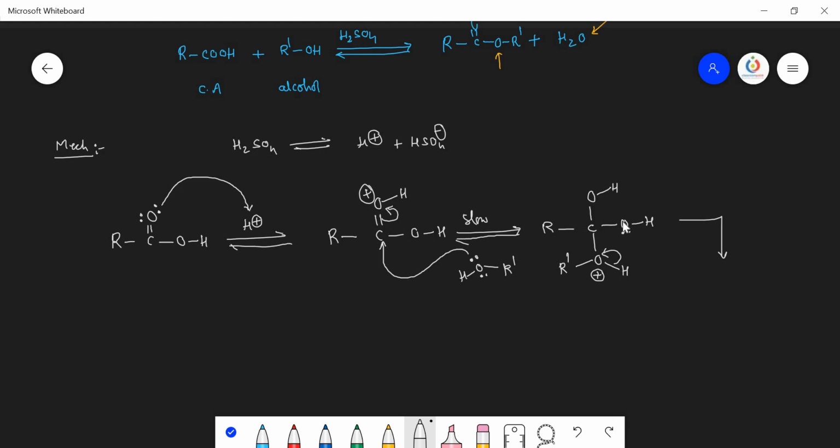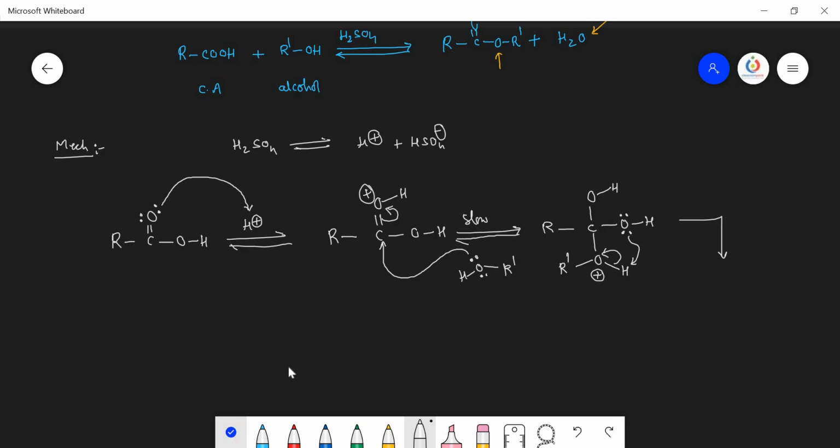That H plus ion obviously will be attracted immediately by the lone pair of electrons of the OH group oxygen, not this oxygen, both are there. Since two OH groups are there, immediately one H2O molecule has to be removed. That H2O molecule removal will be like this: the lone pair of electrons of this OH group oxygen attacks this H plus ion.